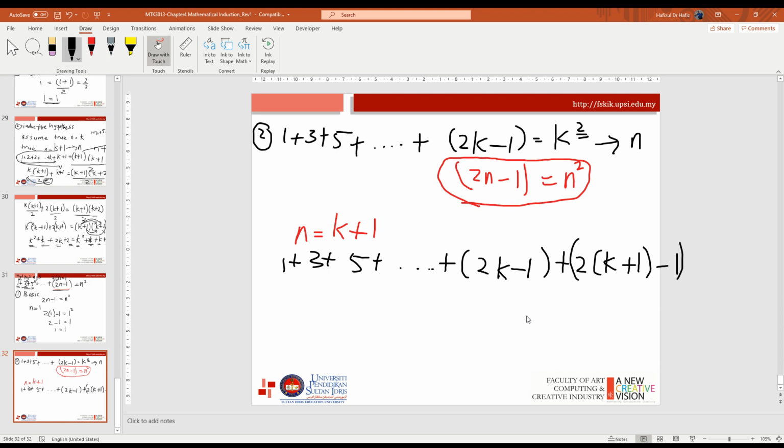Okay, so yang ni tadi n power of 2 ni, k power of 2 ni kita buat kat sini is equivalent to k plus 1 power of 2 lah.